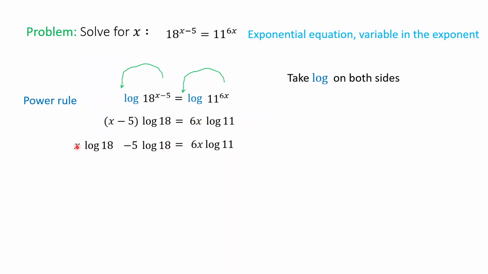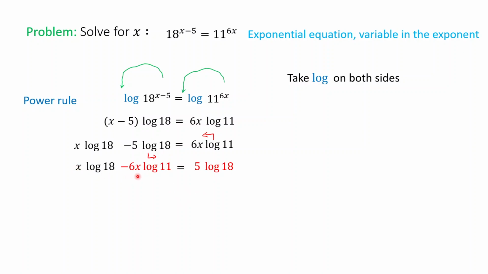You have an x term here and also x here. You need to move this to the left hand side so that all the x terms are on one side, and move this to the right hand side. You will get this. This is positive, so you need to subtract. Is equal to, so negative, so you need to add.